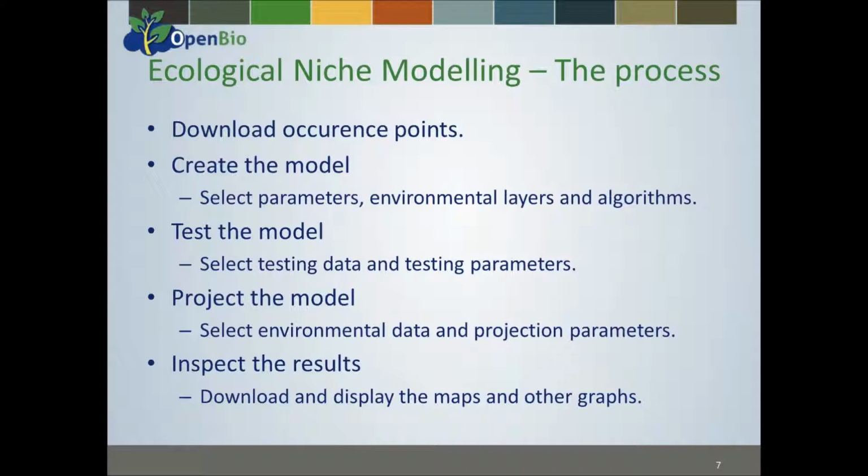Second, we will create a model, select the parameters, select the environmental layers and algorithms, and have the platform compute the model using different algorithms and approaches. The model will be tested, and you will be able to see the results of the testing. Once we have the model, we can make a projection and inspect the results using the geographical visualization tools available in the platform.